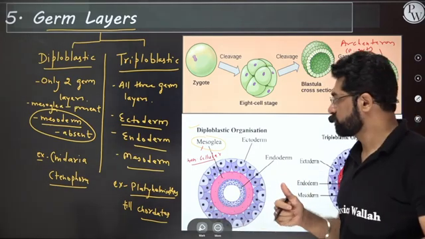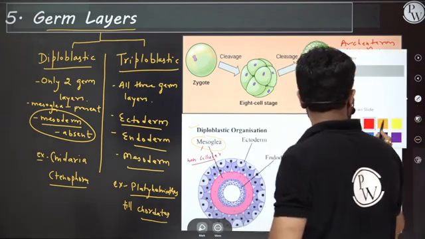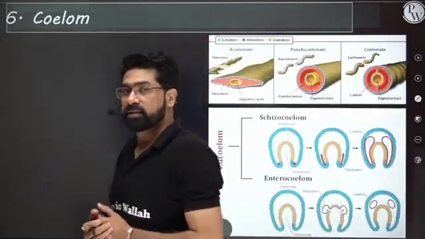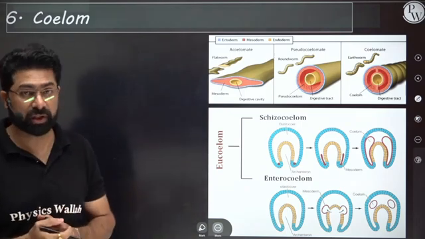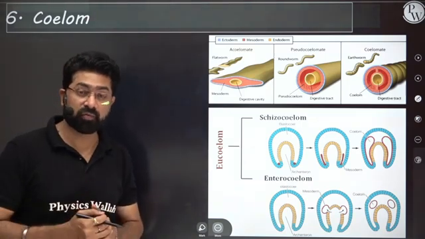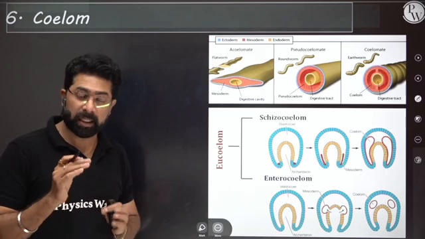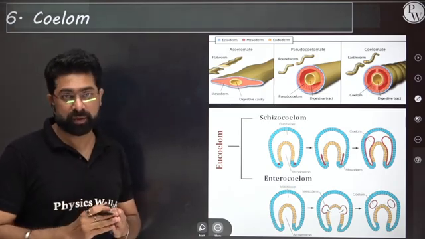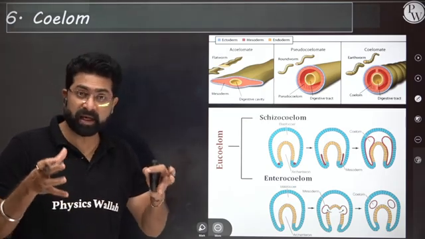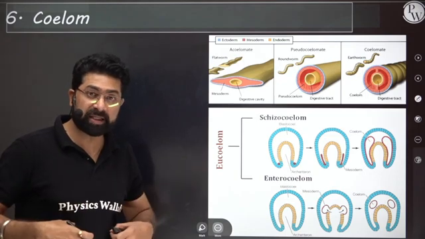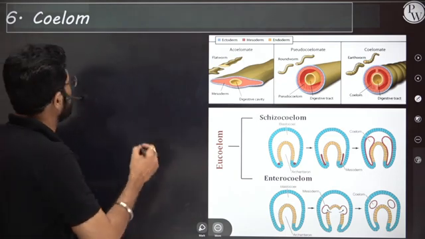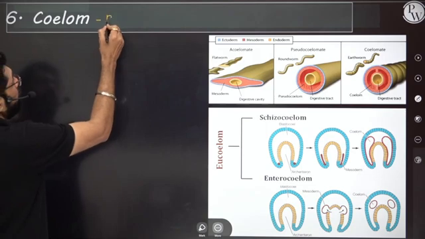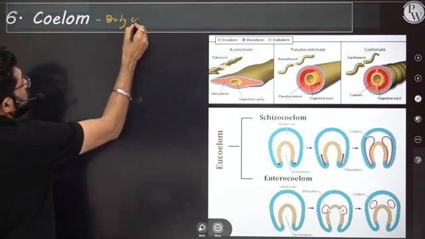Is it clear, beta? So let's move further. The sixth classification, the basis of classification, is the coelom. It is a very, very important criterion for classifying organisms, because in the coelom, that is the body cavity, the organs are placed. So let's see what coelom is. Coelom is a body cavity.